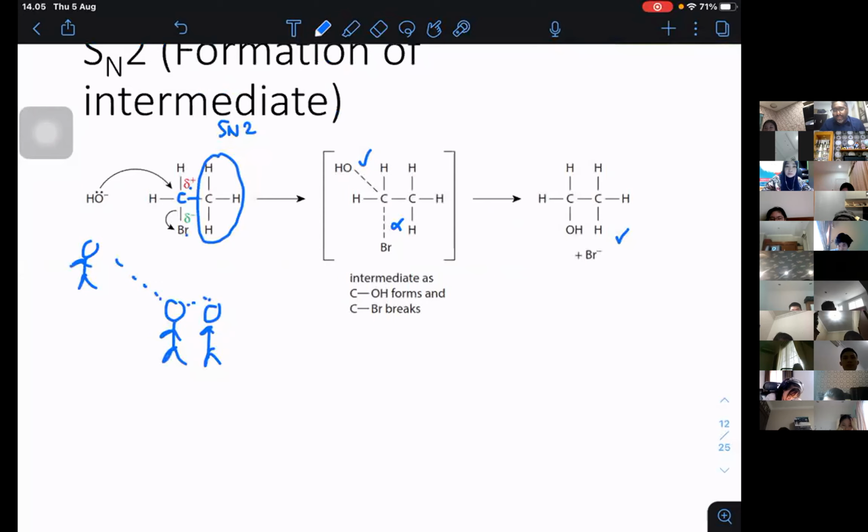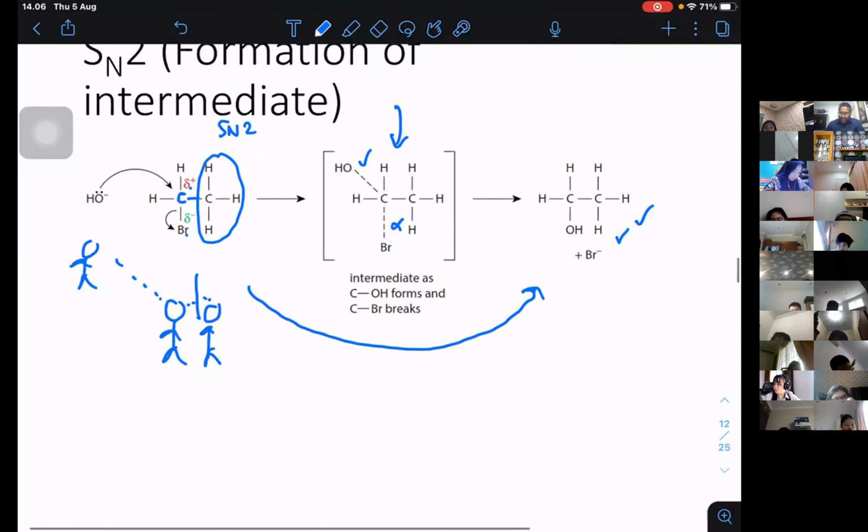You can see that is going to be the intermediate, and it is not a particular state that is fixed, it's not constant, so you can assume it's just one process along the way. This one will be broken and then joined together to give you this. This is going to be the SN2 mechanism.